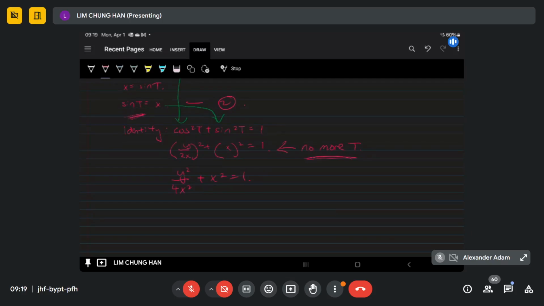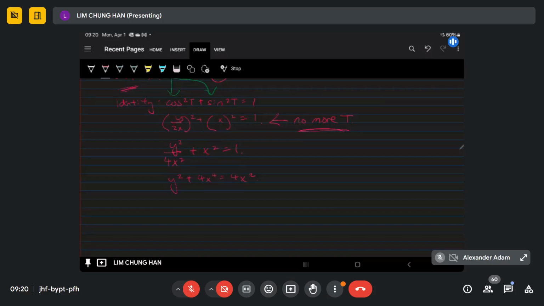If I remove it, then I get y squared plus 4x to the power 4 equals 4x squared. Rearranging everything, I get 4x to the power 4 minus 4x squared plus y squared equals 0. What is this? So now we finish converting.